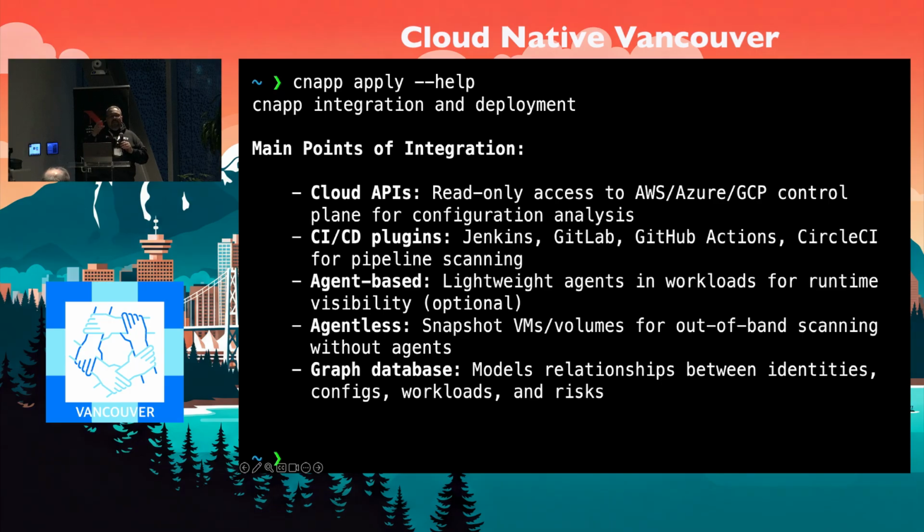Basically, the process is to take a snapshot of your workload, then start a new VM with that snapshot, and then run the scanner in that new VM to see if you can detect any malicious activities, vulnerabilities in libraries, or something weird happening in there, right?